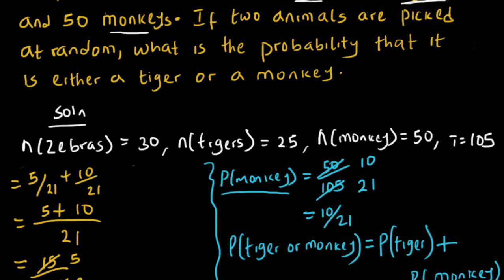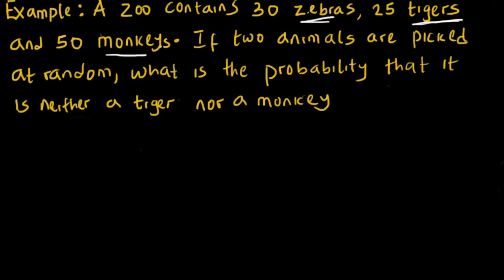Now can we twist the question a bit? I want to show and explain something to you. So we have, what is the probability that it is neither a tiger nor a monkey? Now remember, we found the probability of either.